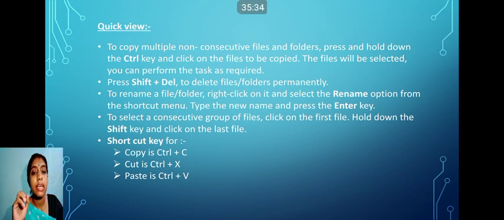Some shortcut keys you should remember, there are many more. I have written the common, very frequently used ones, because you are studying all these topics in this particular chapter. For copying, what shortcut key is there? Control plus C. It will copy whatever part is selected.